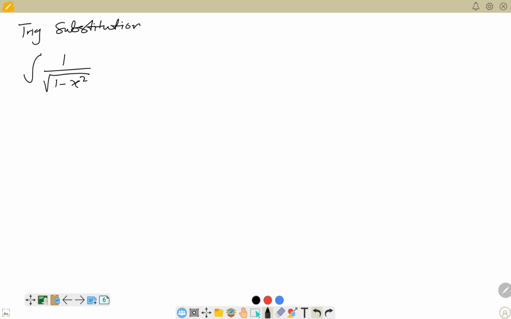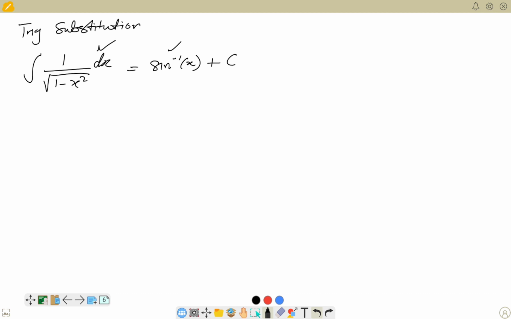If we look at this one here, the integral of 1 over the square root of 1 minus x squared dx is equal to arc sine x plus c. So when we are dealing with trig substitution, it is mostly used to prove these formulas. So there is a way to prove that this actually equals arc sine x plus c.